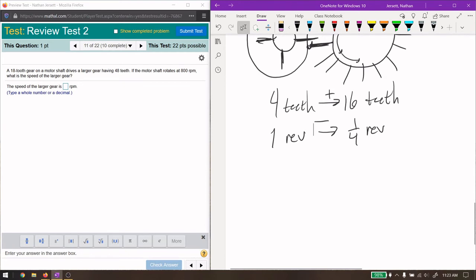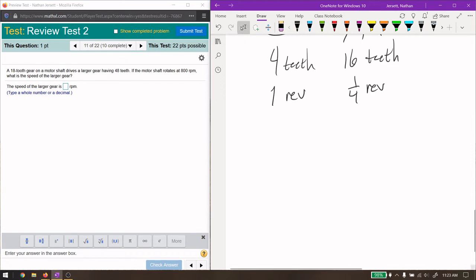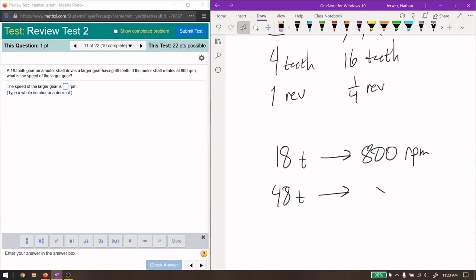Now, the way we can do that, we have our variations here. This isn't the one we want. We want what's written there. 18 teeth goes to 800 rotations per minute. And then we will go to a bigger gear, with more teeth, goes to X rotations per minute.